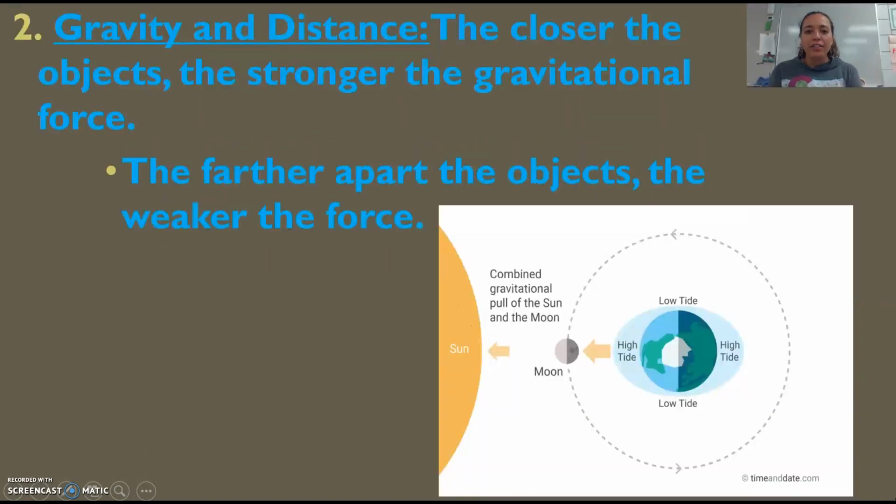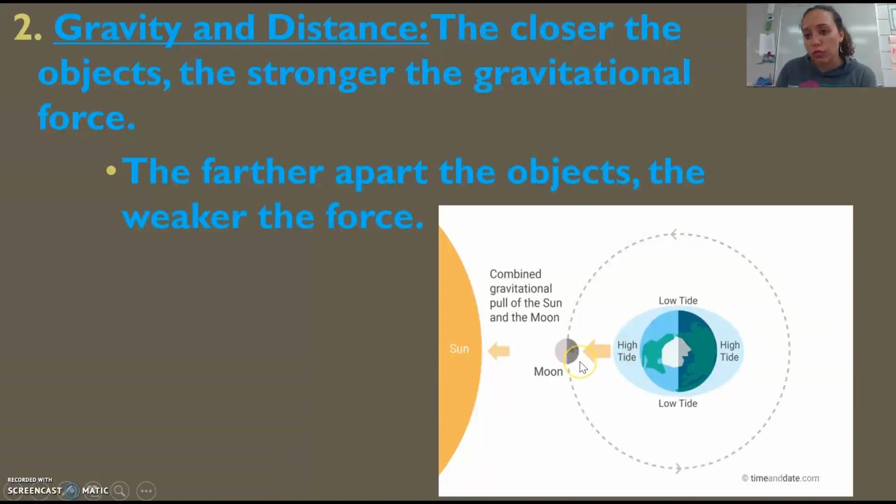All right, so now we're going to talk about gravity and distance. So before we talked about gravity and mass. Mass has a large influence on gravity. Also, so does distance. So on top of mass, you also have the distance. So in this instance here, there's going to be certain times when the sun and the moon are completely lined up. And when this occurs, that's when you might see that full moon. And the moon will have a greater influence on the tides. Why?